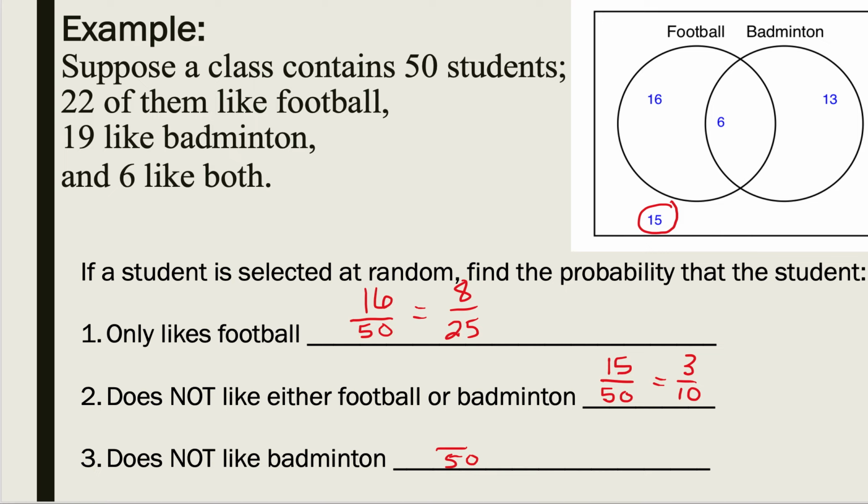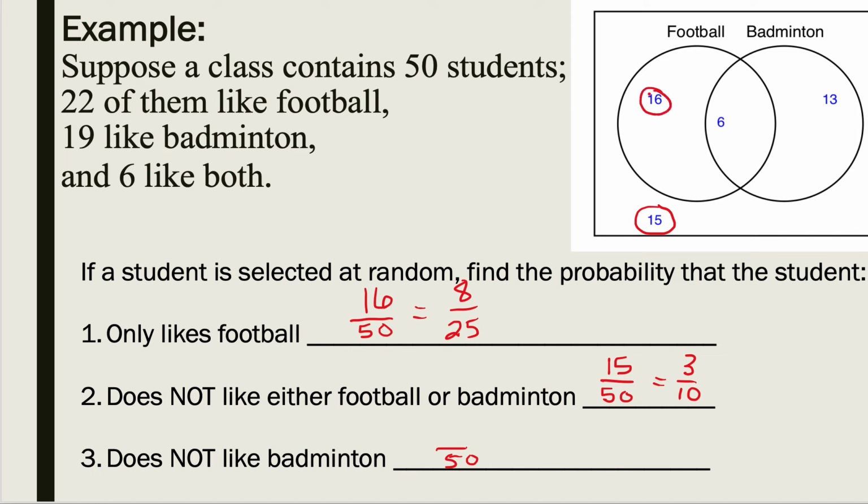All right, and finally, we want the probability that a person does not like badminton. So we need the people who don't like badminton. These people don't like badminton because they don't like either sport. These people also don't like badminton.